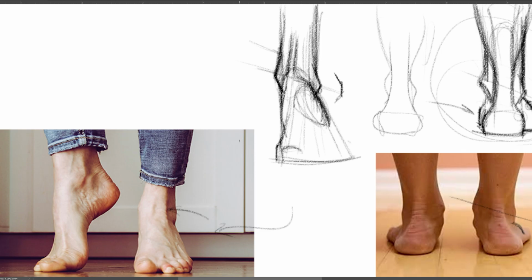So from the top view, the big toe does this and all the other toes do this in opposition of each other. However, in this particular instance here, they all seem to roll the same way. Again, that's the foot that has been influenced by the shoes. But since this is our reference, we need to comply with the designs that we see here, or the shapes that we see here for the design.